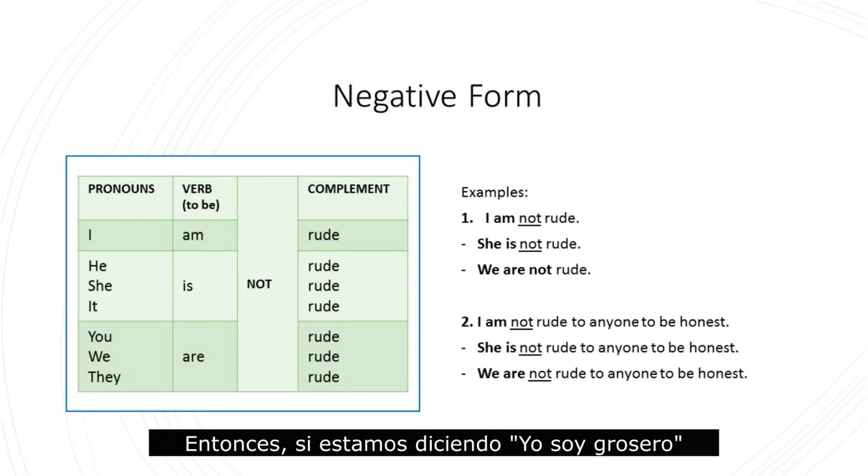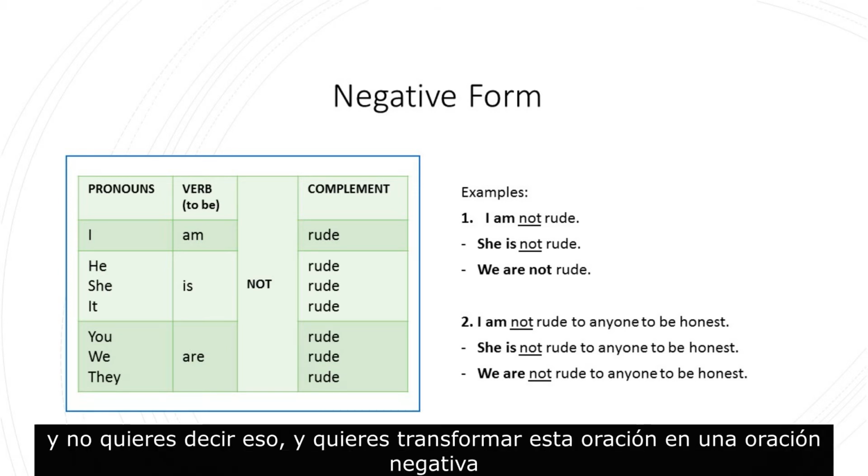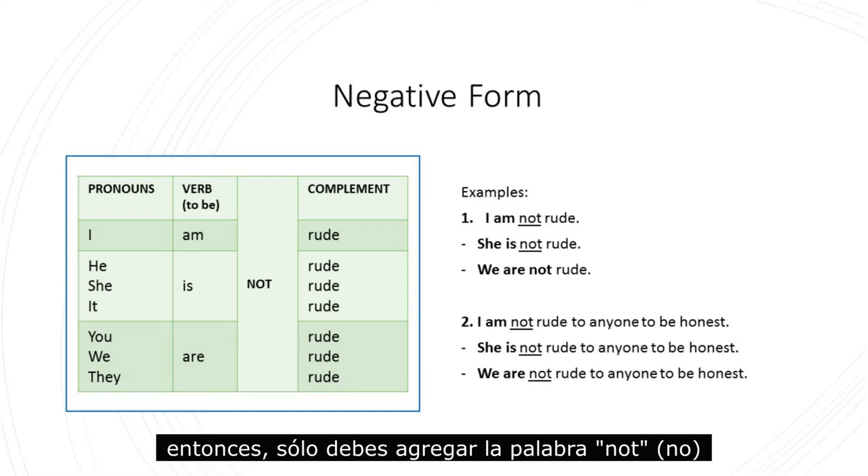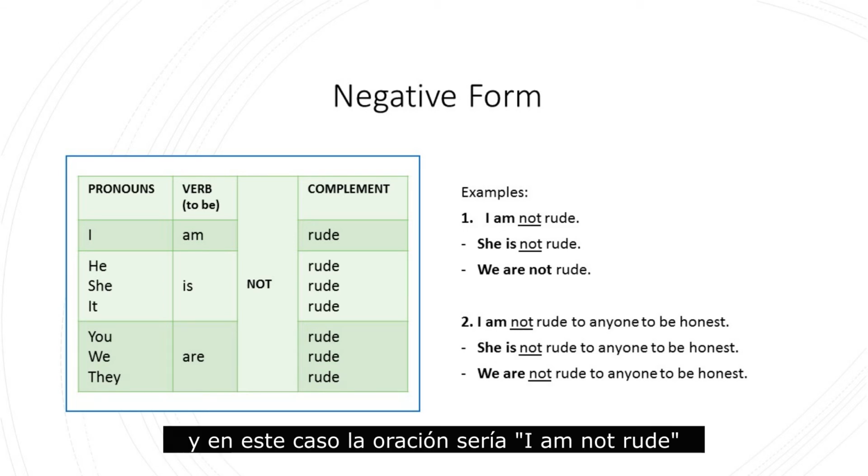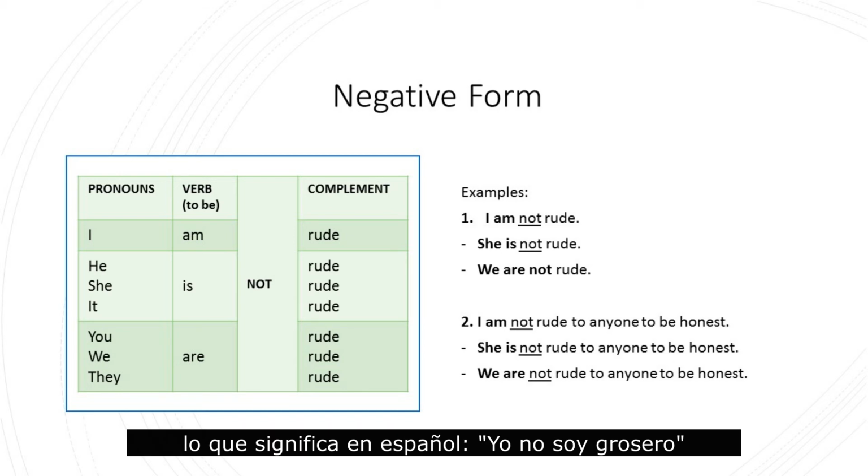So if we are saying, I am rude, and you don't want to say that and you want to transform this sentence into a negative sentence, then you only need to add the word not, okay? And in this case, the sentence would be, I am not rude, which means in Spanish, no soy grosero, okay?